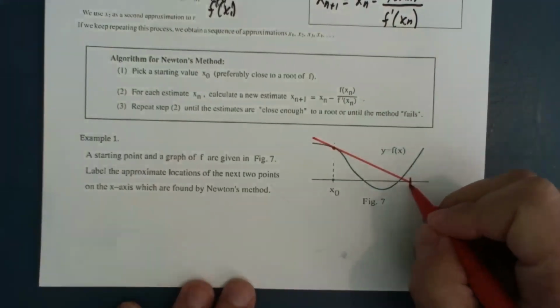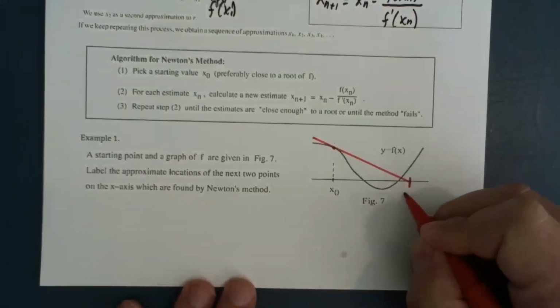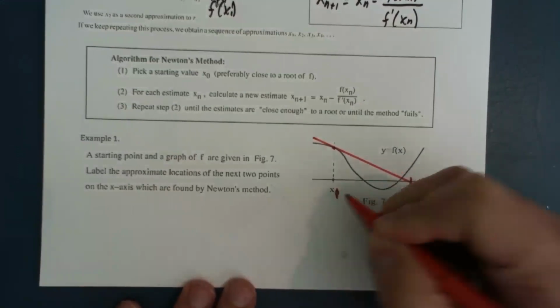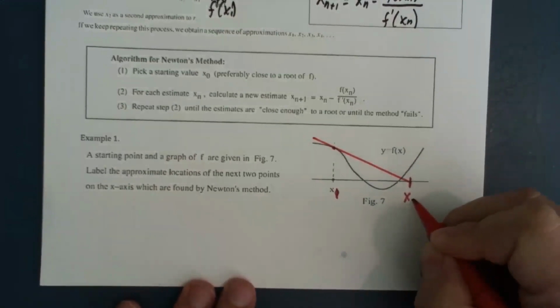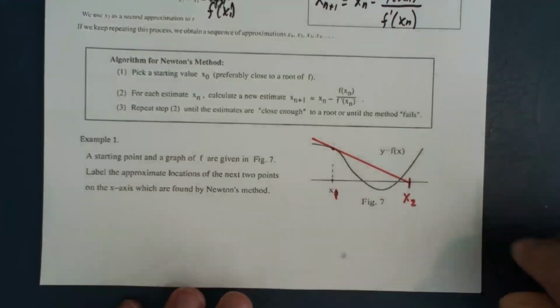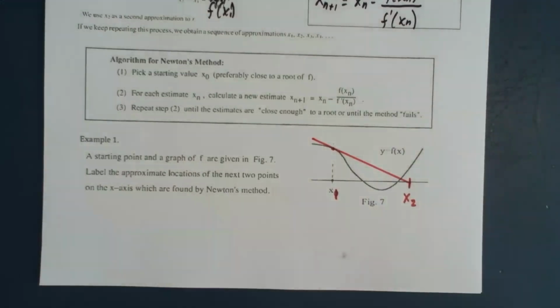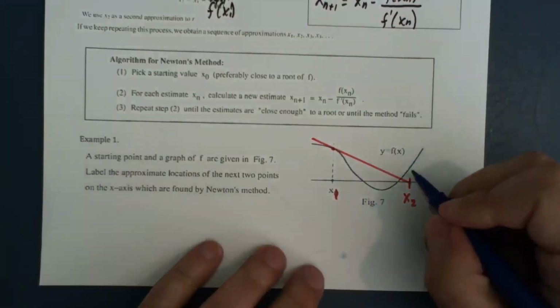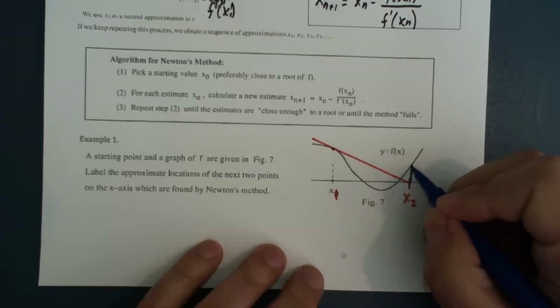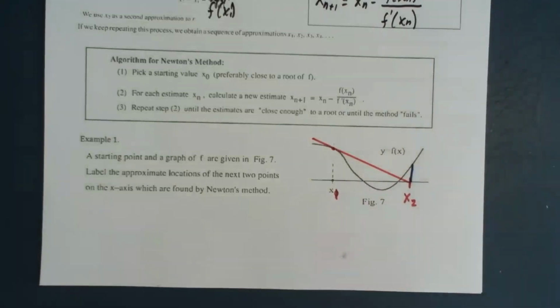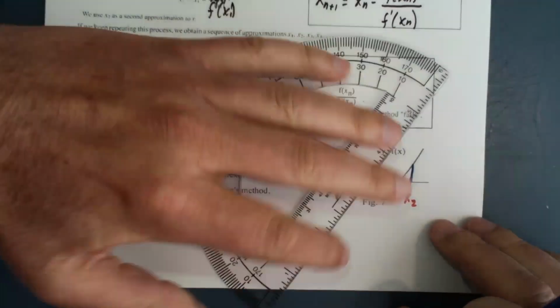And that's going to hit here, which is going to be our x, that says x0. I'll call that x1. This will be x2. And then that's going to go up to here. And now we're going to come up with our next guess.